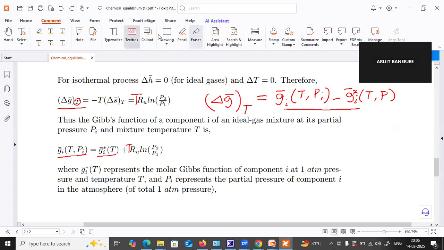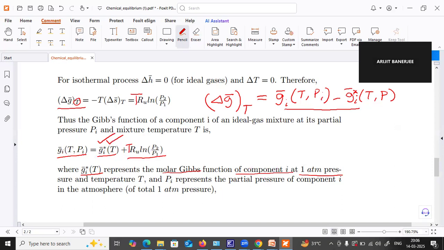If you have any doubt, please ask. So here you see that G_i star is the molar Gibbs function of the component i. I means any component, it can be CH4, O2, like that. Component i at 1 atmospheric pressure. G_i star at 1 atmospheric pressure is tabulated, so this is known from the table, and this you can calculate.